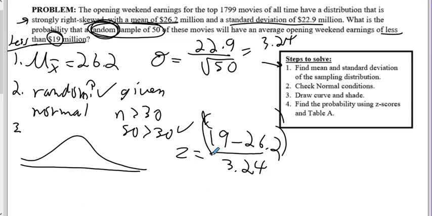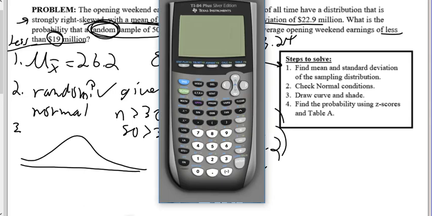If you don't do that, you'll end up dividing 26.2 by 3.24 and subtracting from 19. That will screw everything up. So be careful. In fact, let's just show that real quick, only on this one. You have two choices. You can type in parentheses 19 minus 26.2 parentheses, then divided by 3.24.